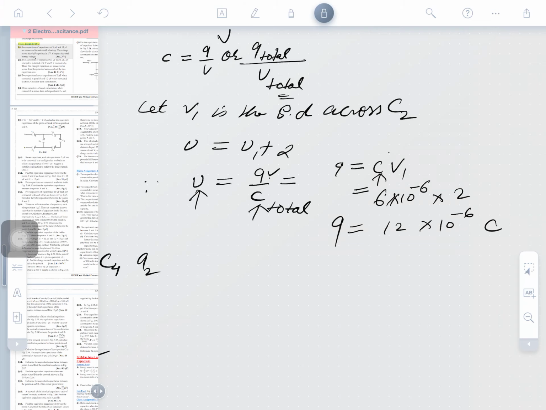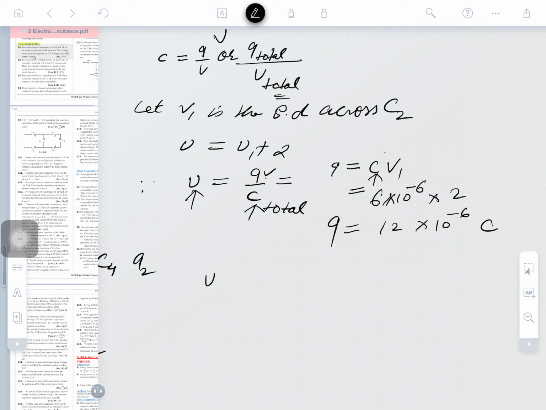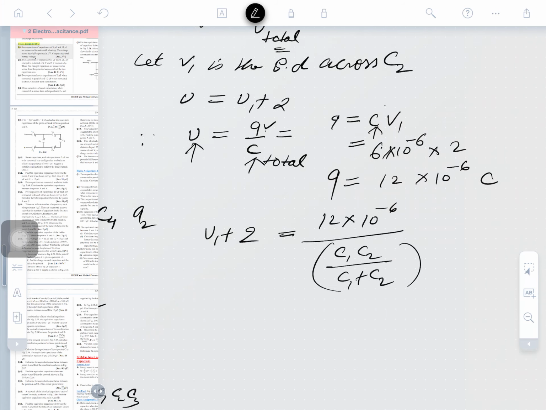Therefore V total means V1 plus 2 volt, and Q total is 12 into 10 to the power minus 6 upon total capacitance, which is product upon sum, as they are in series. This first has to be solved.